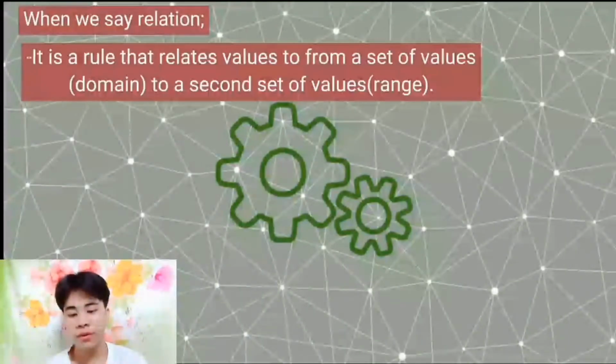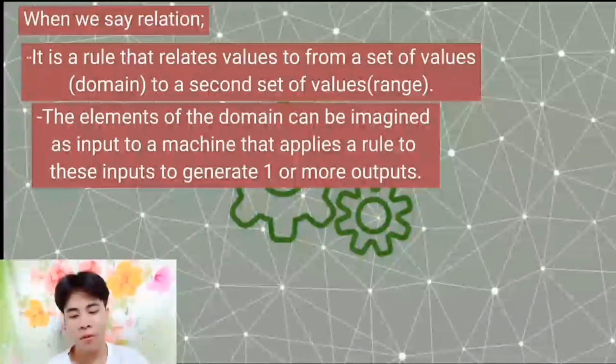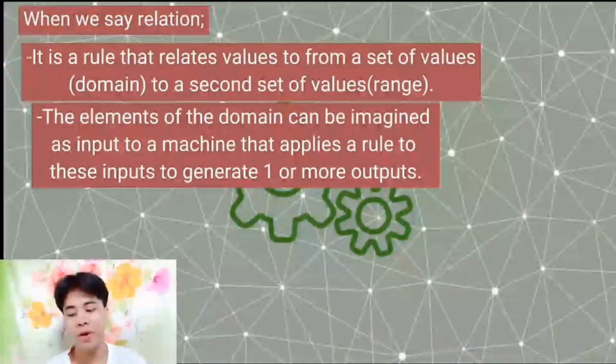So when we say relation, it is a rule that relates values from a set of values called the domain to a second set of values called the range. The elements of the domain can be imagined as input to a machine that applies a rule to these inputs to generate one or more outputs.